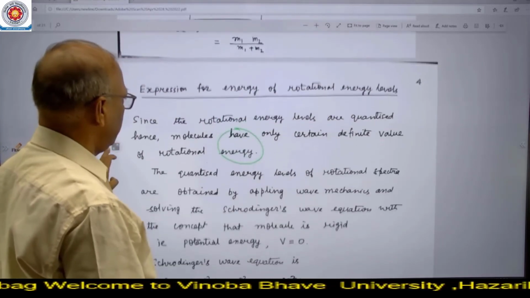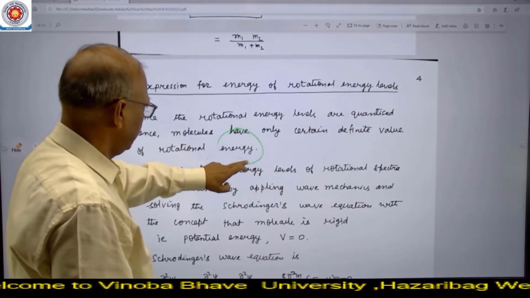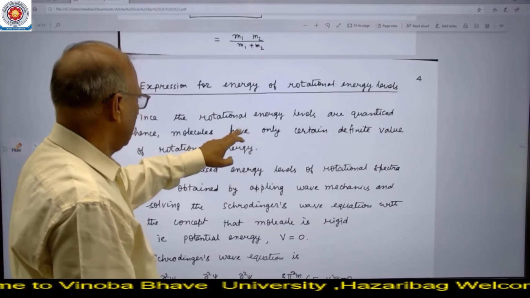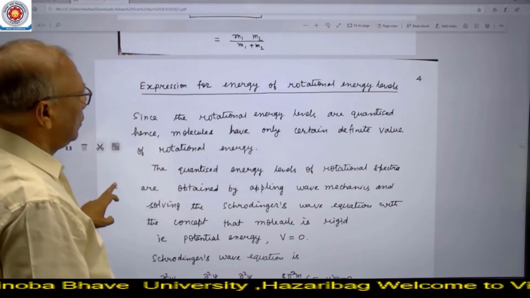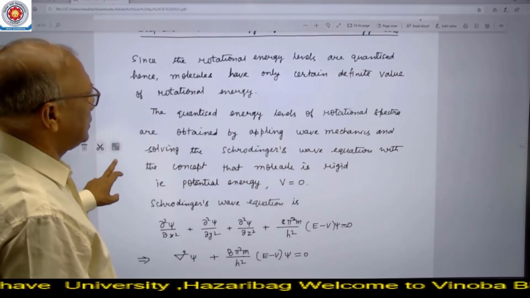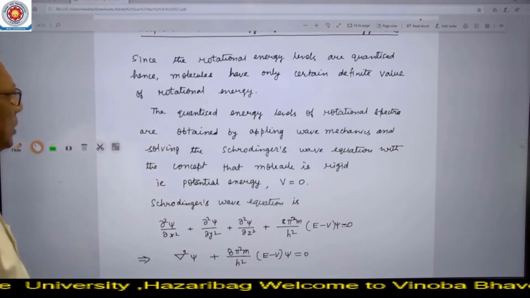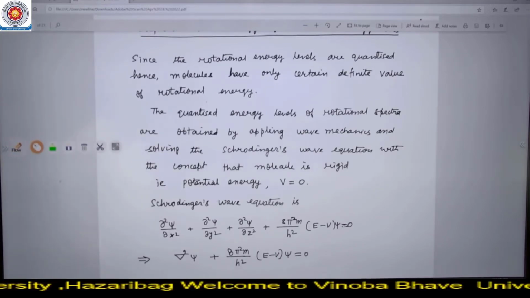Now the expression for the energy of rotational energy levels. Since the rotational energy levels are quantized, the molecules have only certain definite values of rotational energy.